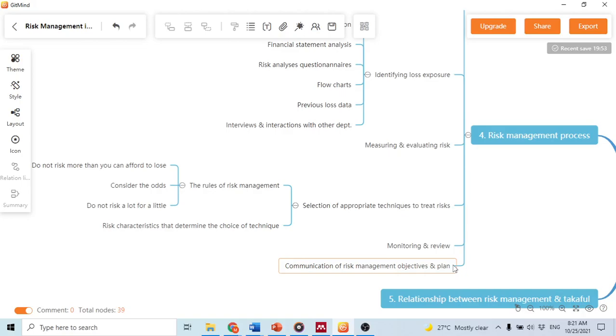The decision has to be communicated to all relevant parties within the organization, so that everybody has the same understanding of the objective and plan taken for risk management on each and every specific issue related to the risk.